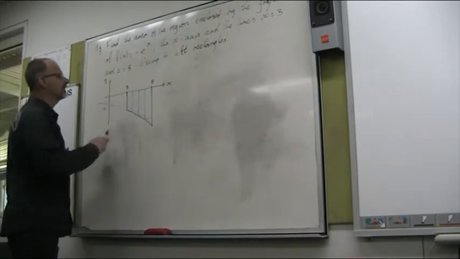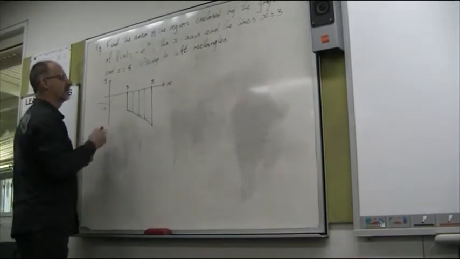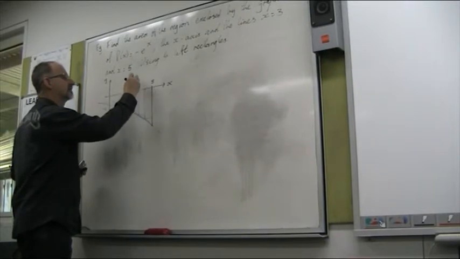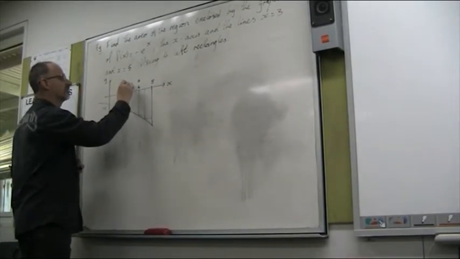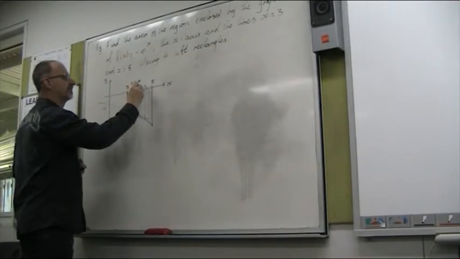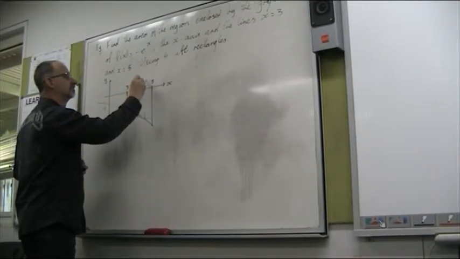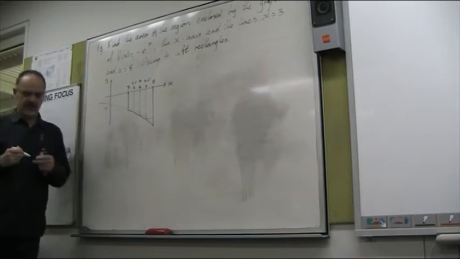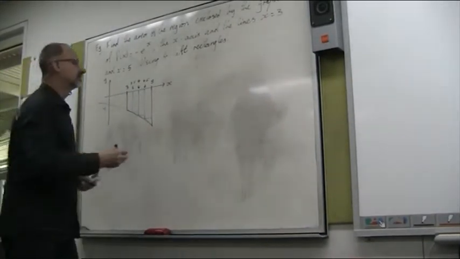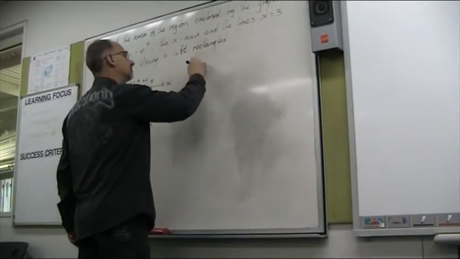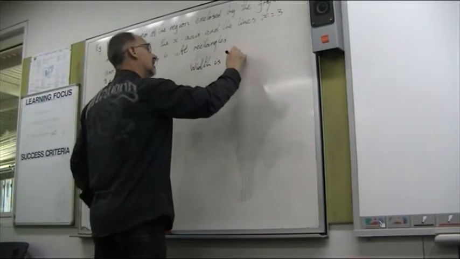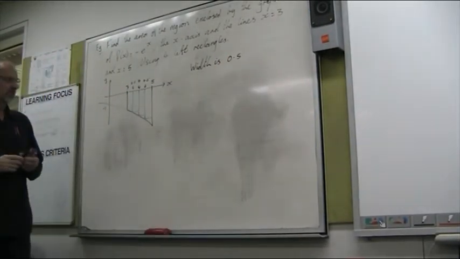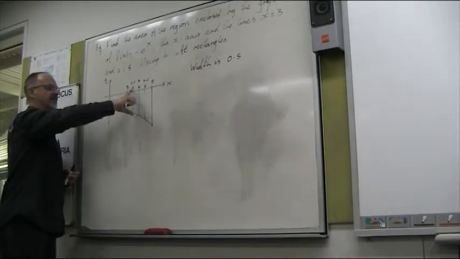So if that's 3 and that's 5, then halfway between them there has got to be 4. And in here's got to be 3.5 and here's got to be 4.5. So the width of our rectangles is 0.5, and that's always 0.5. What changes is the length of our rectangles.